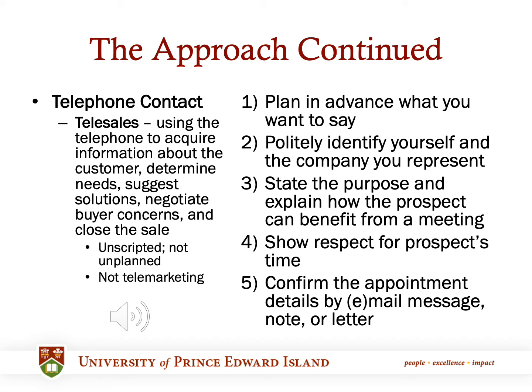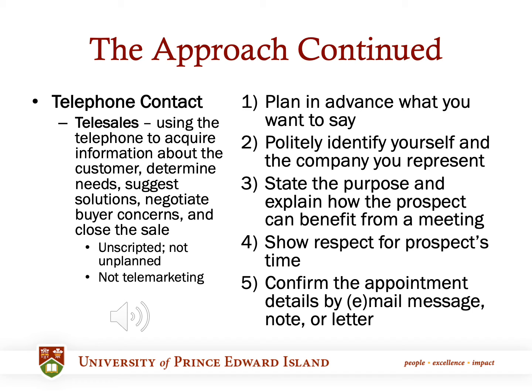So you do want to plan in advance what you're going to say, but you don't want it to be scripted. You want to politely identify yourself and the company that you're representing. You want to state the purpose of your phone call and explain how the prospect can benefit from a meeting. So most telephone contact, if it's the first approach, the intention is to have a face-to-face meeting if at all possible.